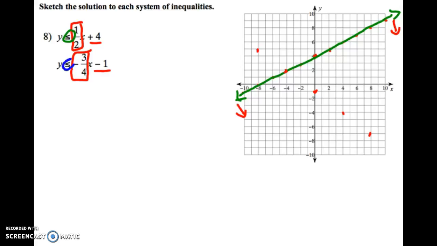This one also is an equal to, so it's a solid line because we're including the line as part of our solution. Once again, a less than, so we're going to be below this line.